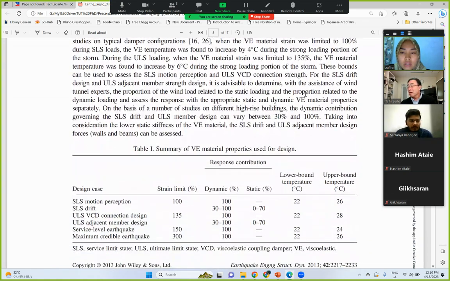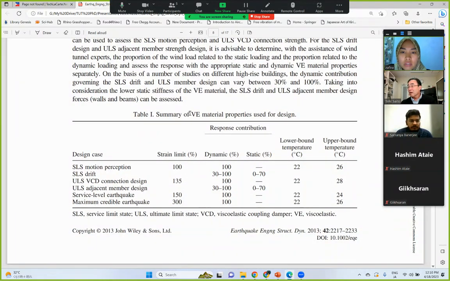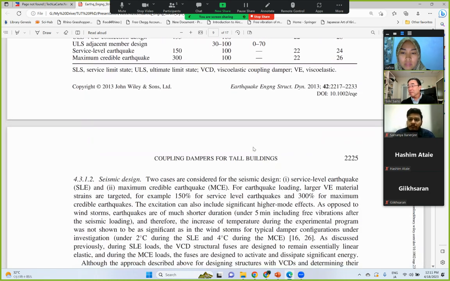But this one only, Sensei. The summary of viscoelastic material properties. Okay, they don't have any value of GC for design. Temperature, static response contribution, dynamic strain rate. So the information is not enough to understand.